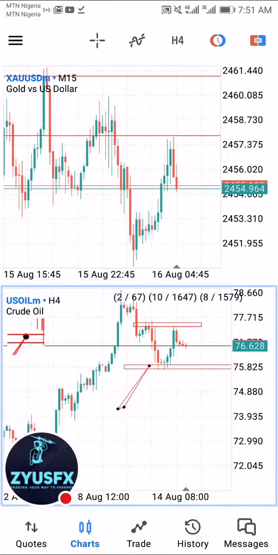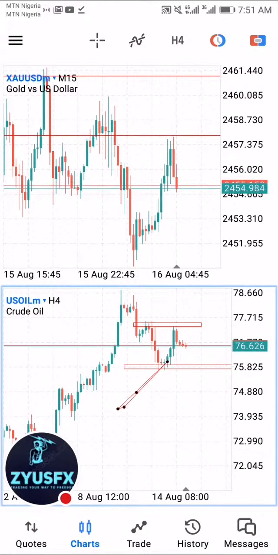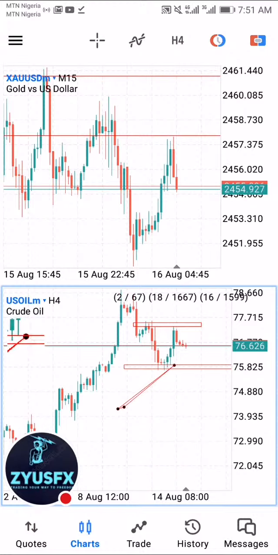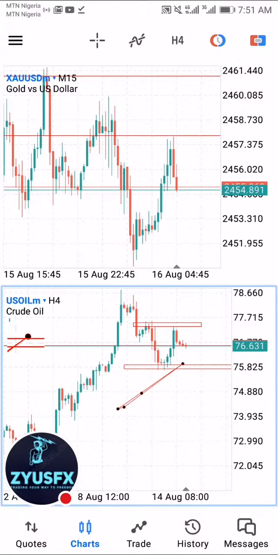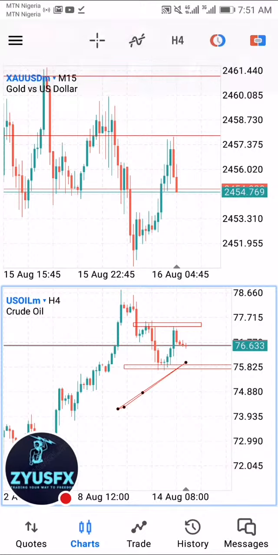You can see on multiple occasions when price got to the level, we had multiple reactions, weak rejections here. So if you're currently in a sell, know how to manage it. Either trail your stop loss, take some partials, or I don't know the risk management you use or how you manage your trade, but manage it before price gets back down to this level.